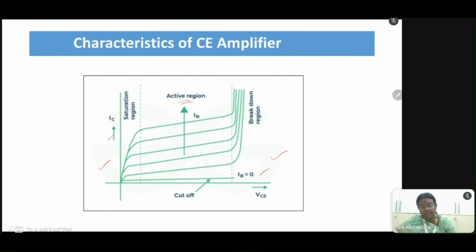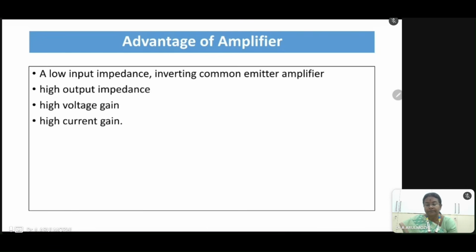Next, what are the advantages of the transistor if it is used as an amplifier? It has a low input impedance and is an inverting common emitter amplifier, and in addition, high output impedance, high voltage gain, and high current gain.